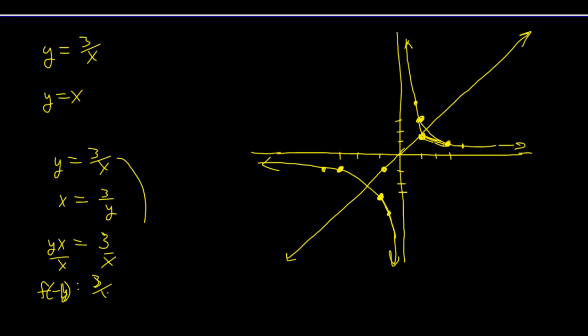Well, notice, it's the same. What we say when this happens is that the reciprocal function is a self-inverse function. In other words, it is its own inverse. y equals 3 over x is the inverse of y equals 3 over x, since we reflect across that line.